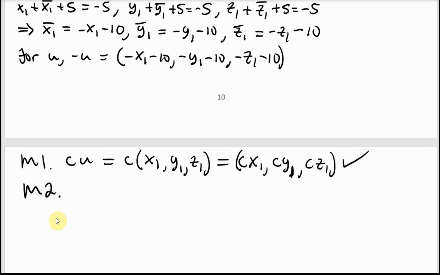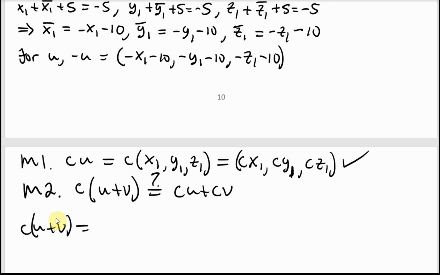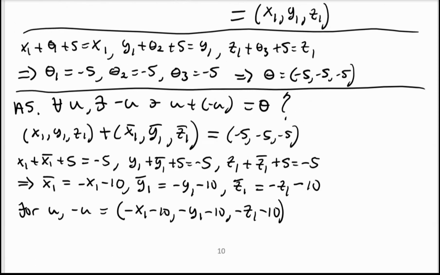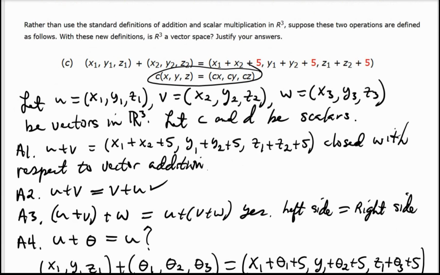Anyway, so we're going to show c times (u plus v), and I couldn't remember how u plus v was defined. This is the same thing as c times u plus c times v. So for the left side, c times (u plus v) is c times the addition of u and v.